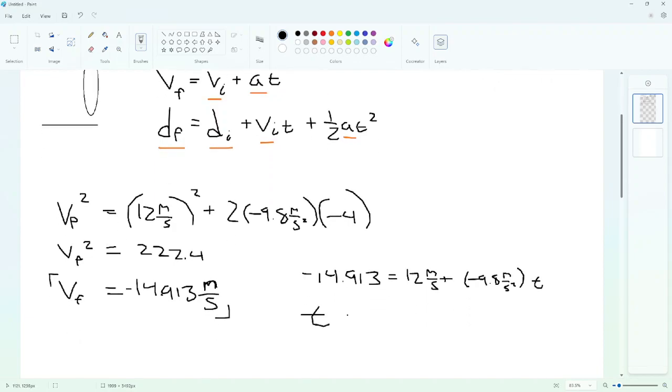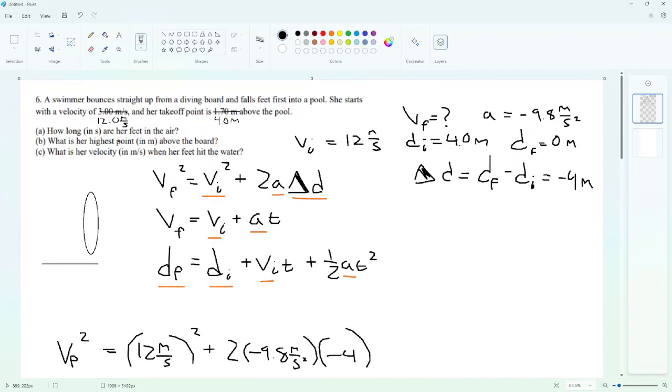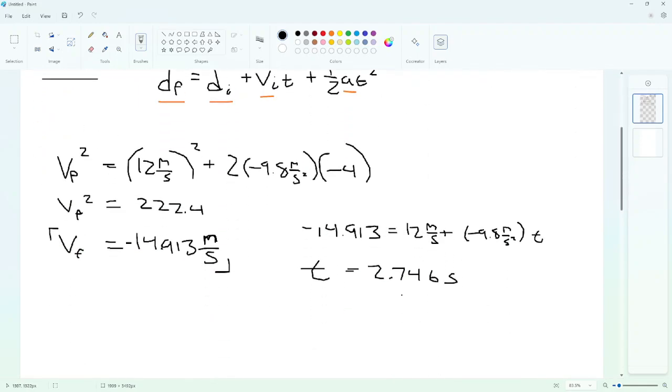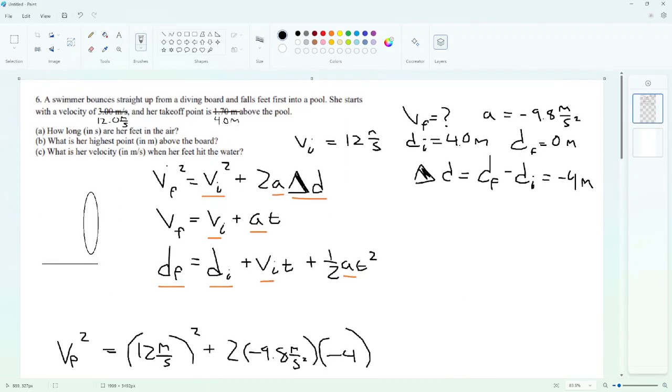If we solve for t, we get 2.746 seconds. So the amount of time this person spends above the water before their toes enter the water is 2.746 seconds.